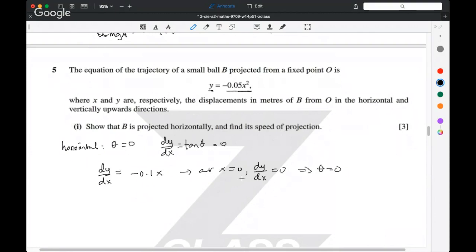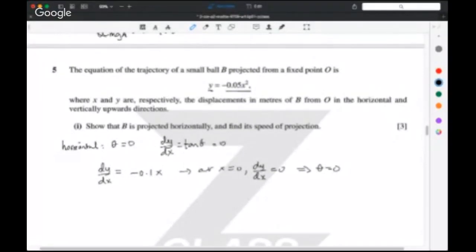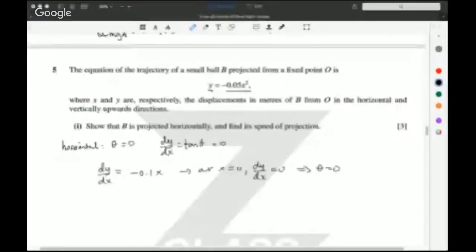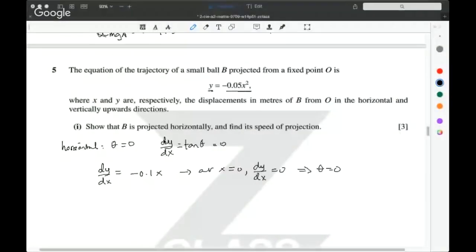Now they want you to find the speed of projection. This is going to involve time derivatives, and it's not really obvious initially what they require, because y is given in terms of x. They're not both parameterized in terms of t. But we can go back to what we did before with this tangent. dy/dx is the tan of theta.